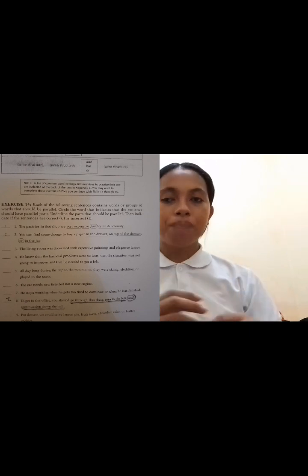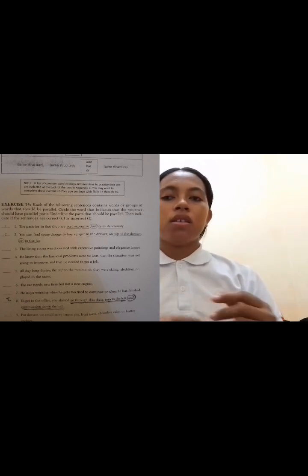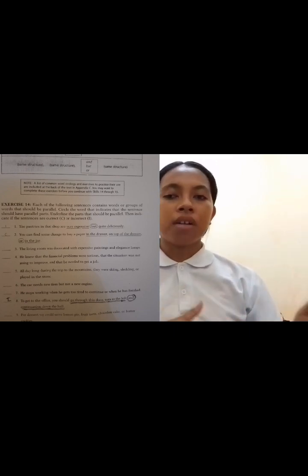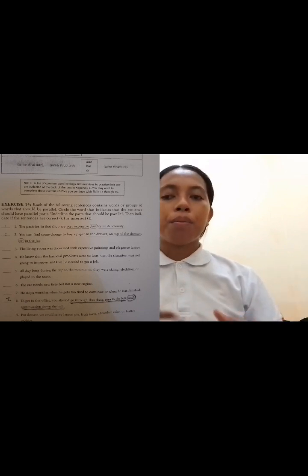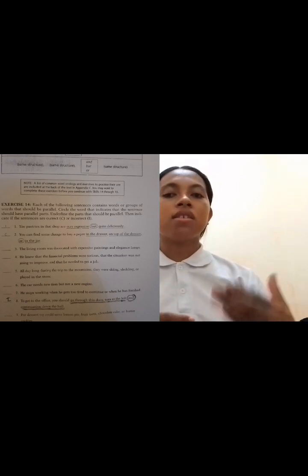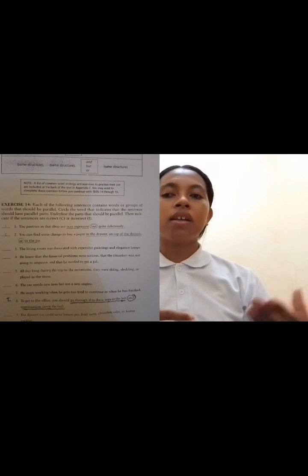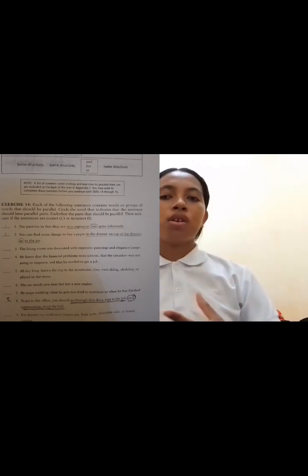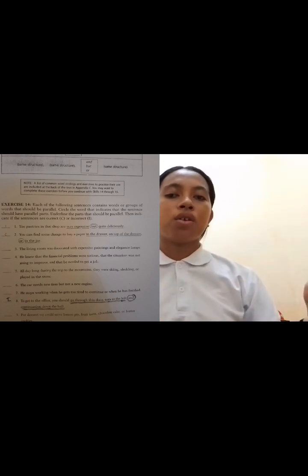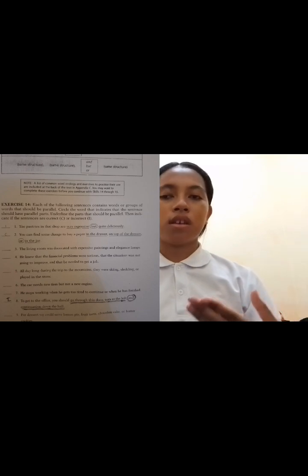In this sentence, the sole parallel word is and. Parts of the sentence that should be parallel: enter the store, turn left, continue down the hall.